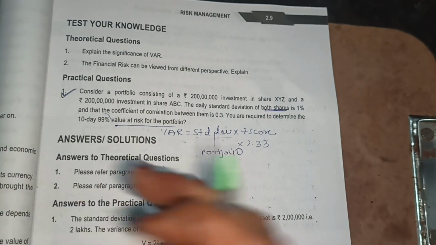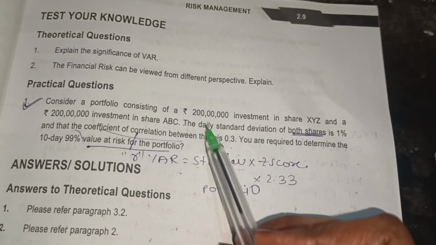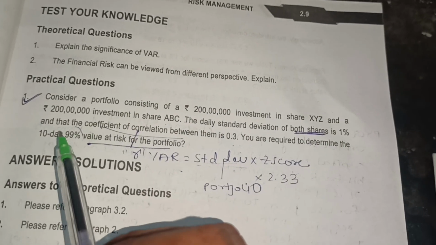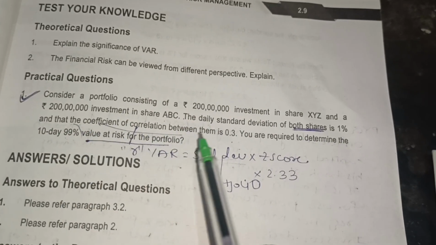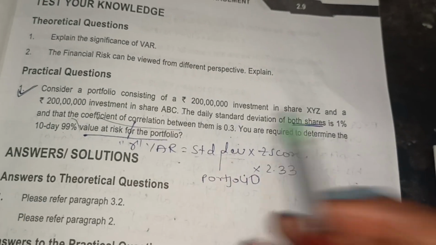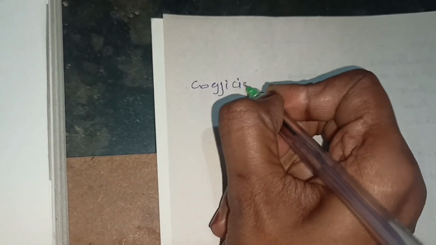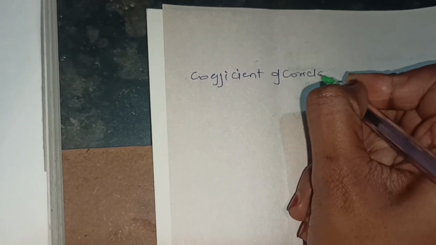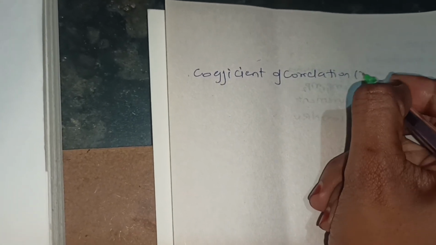Now we will be solving the question. The daily standard deviation of both shares is 1% and the coefficient of correlation between them is 0.3. I will be quickly noting down whatever information is given in the question. See, the coefficient of correlation is denoted by the alphabet small r.